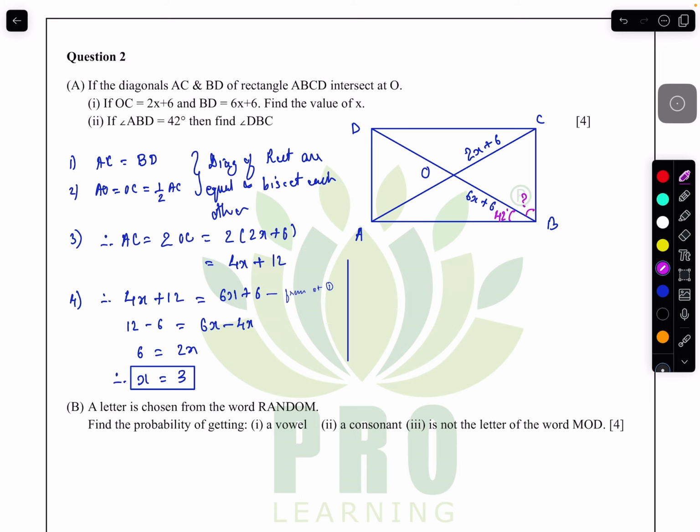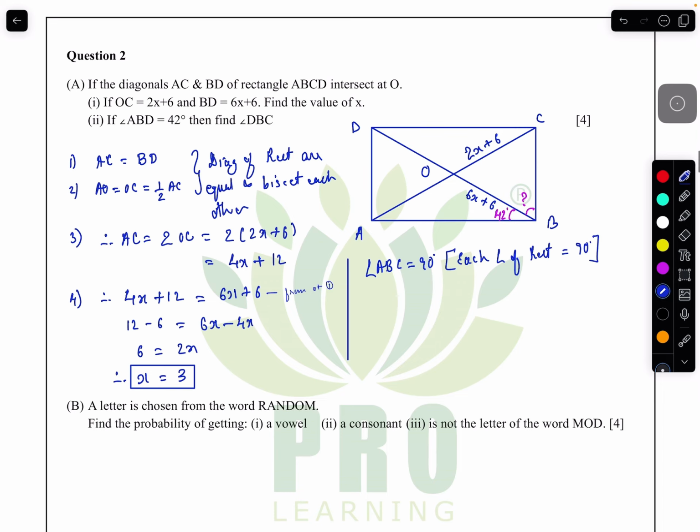Since we know that each angle of a rectangle is 90 degrees, here you want to say angle ABC is 90 degrees. Each angle of a rectangle is 90 degrees. Therefore, we will say angle ABD plus angle CBD is 90.